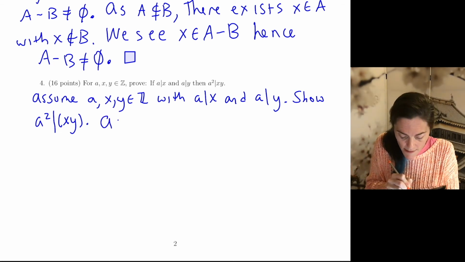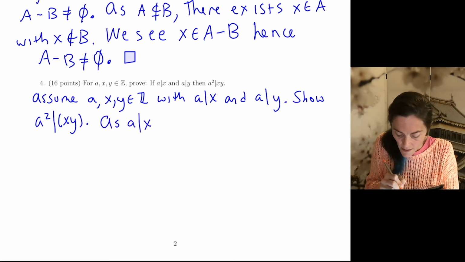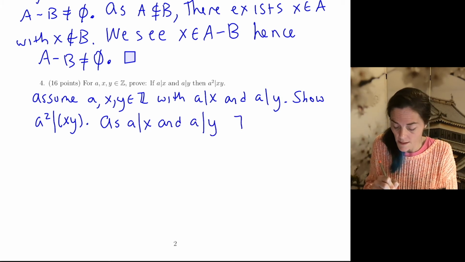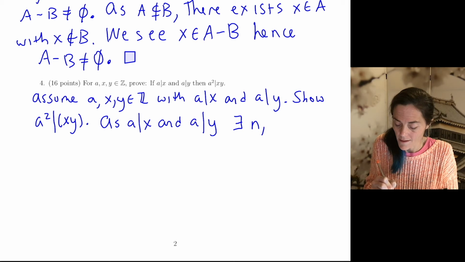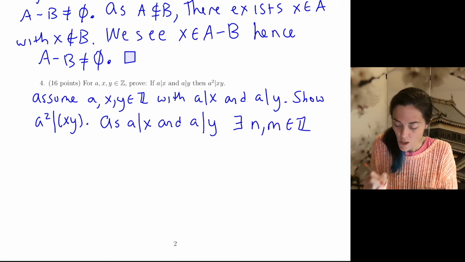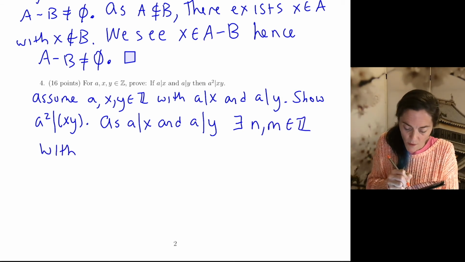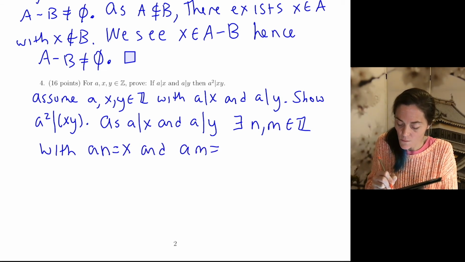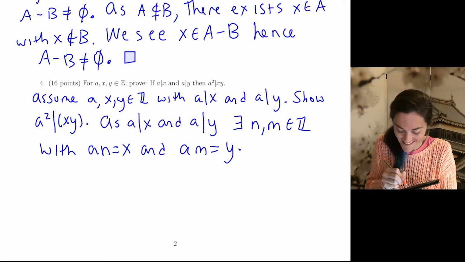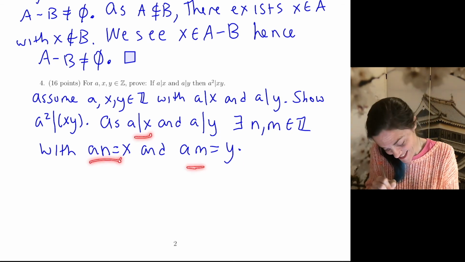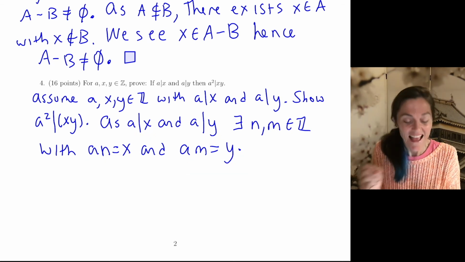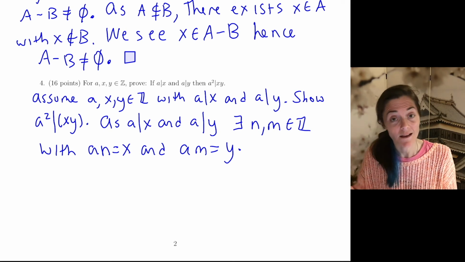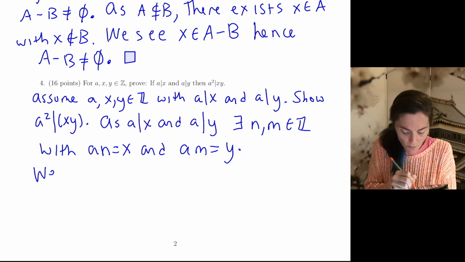So as A divides X and A divides Y, we're going to have two integers here. There exist n, m integers with An equals X and Am equals Y. This one because A divides X, this one because A divides Y. Now I'm trying to say something about X times Y, and so I can just multiply.